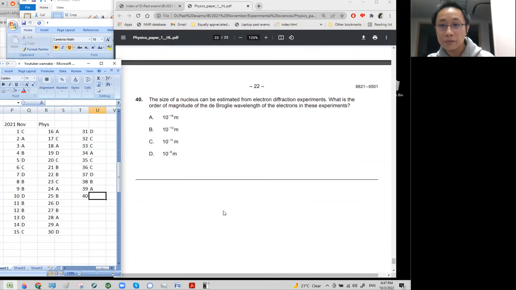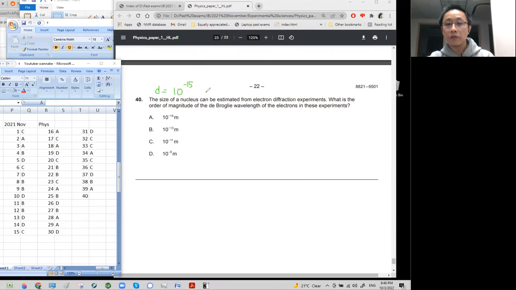Lastly, the size of the nucleus can be estimated from electron diffraction experiments. What's the order of magnitude of the de Broglie wavelength of electrons in these experiments? This is annoying. The size of the nucleus is 10 to the negative 15-ish. I said 15, but I wrote 5 for some reason.